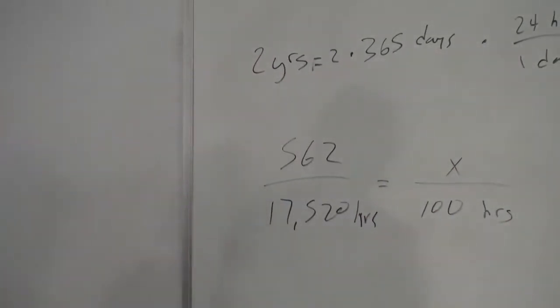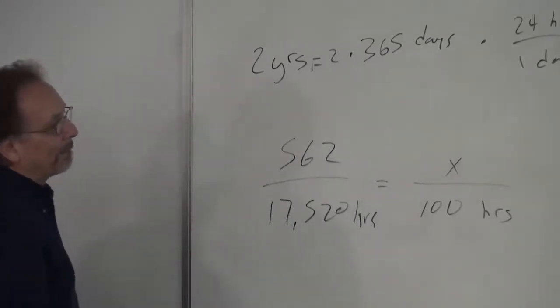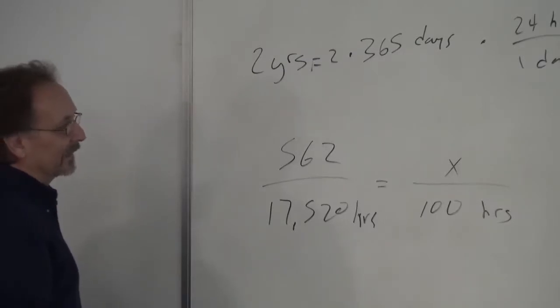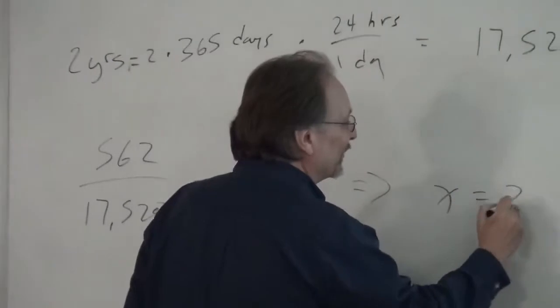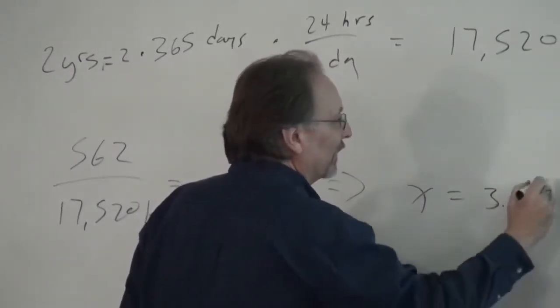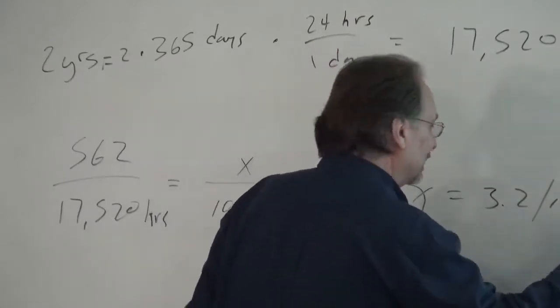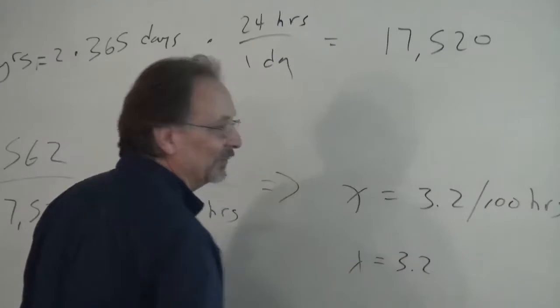What I need to do is take this and multiply it by 3.2. So X equals 3.2 occurrences per 100 hours. That's my lambda equals 3.2.